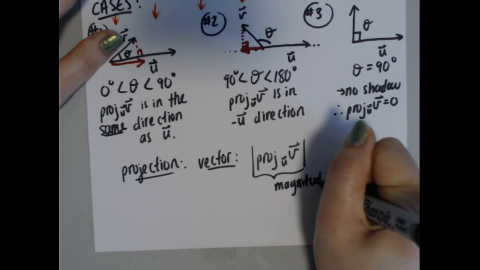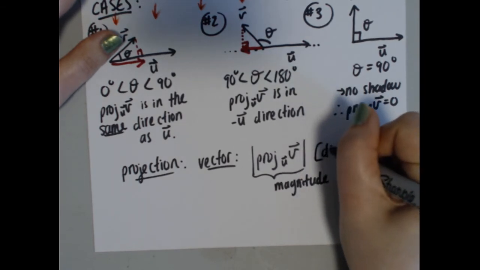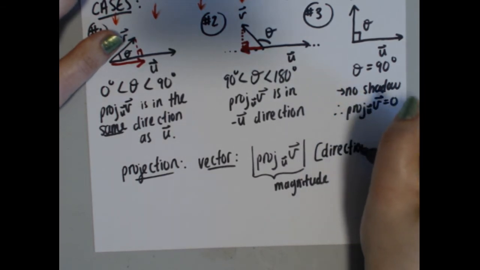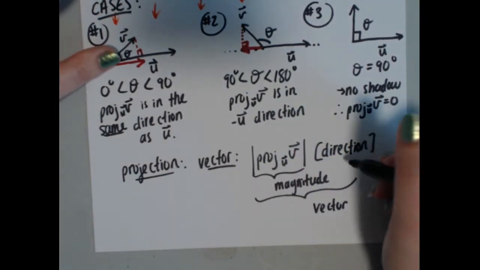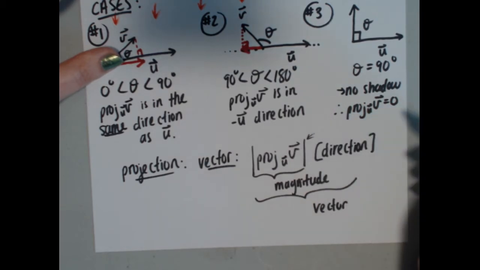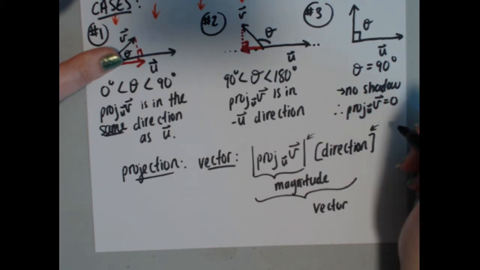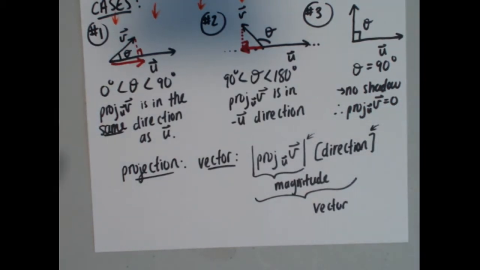So if I have the magnitude of the projection vector and then I stick a direction next to it, now this entire thing becomes a vector. Now what we're going to have to focus on is how do we figure out the magnitude of the projection and how do we state its direction. It won't be so bad.